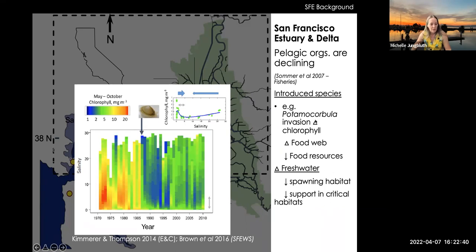There are also other factors like changes in freshwater patterns and use around the estuary, which, when we have less fresh water coming into the estuary from droughts, decreases spawning habitat for anadromous species and native freshwater fishes, and decreases support for these critical habitats for these species.